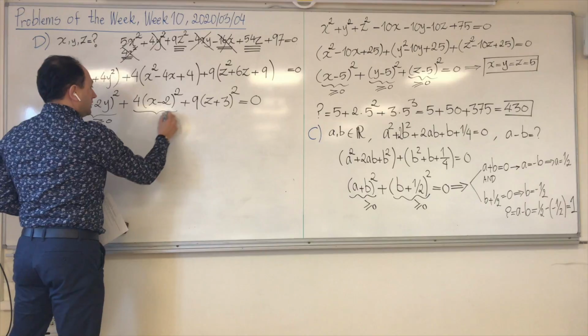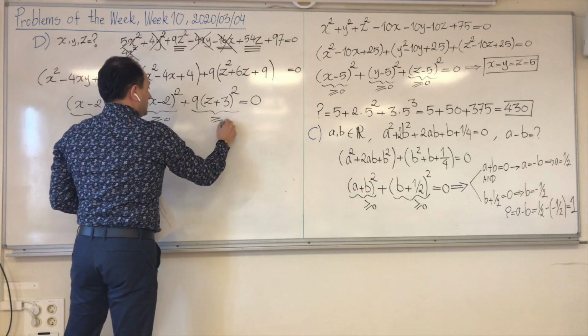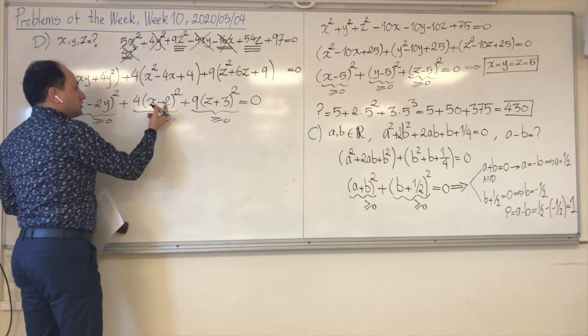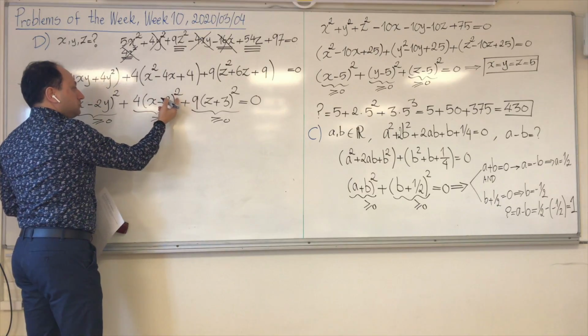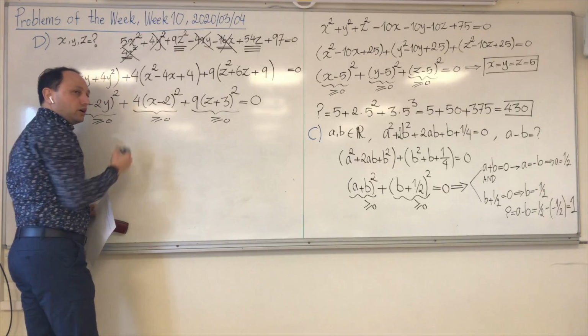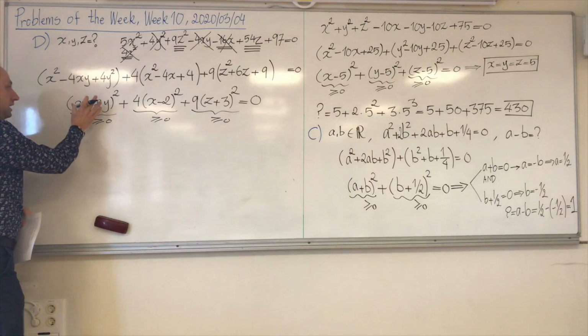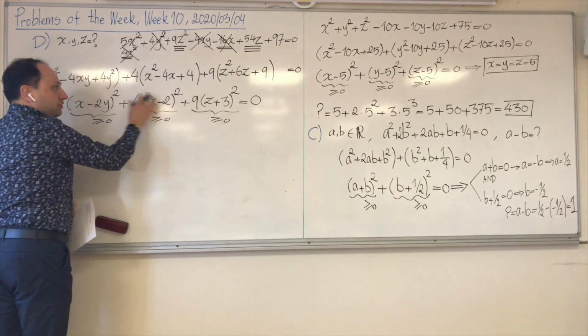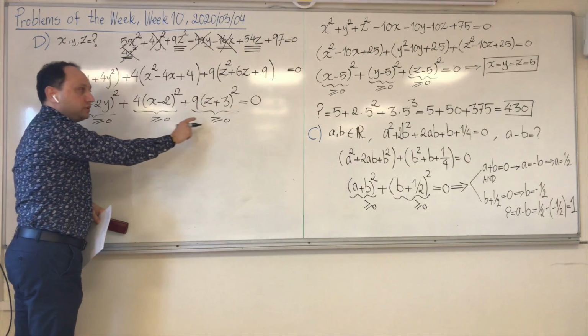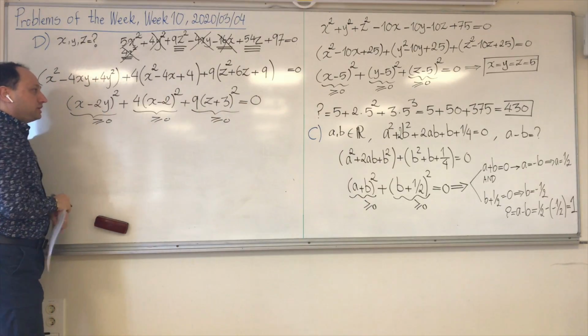This is also non-negative. This is also non-negative. Why? Because, for example, here, (x minus 2) to the 2 is non-negative multiplied by 4, which is a positive number, is still non-negative. And the same scenario here. So it means that each one of them, the sum of 3 non-negative numbers is supposed to be 0. This cannot happen unless each one of them is 0.